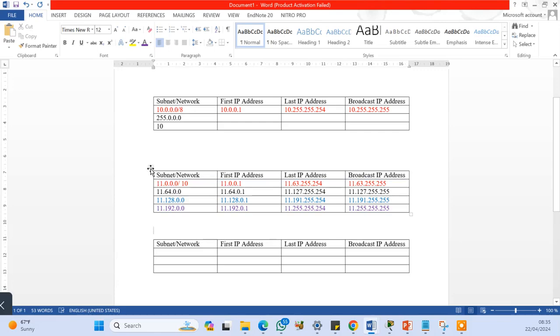So these are our four subnets. So we started with this.